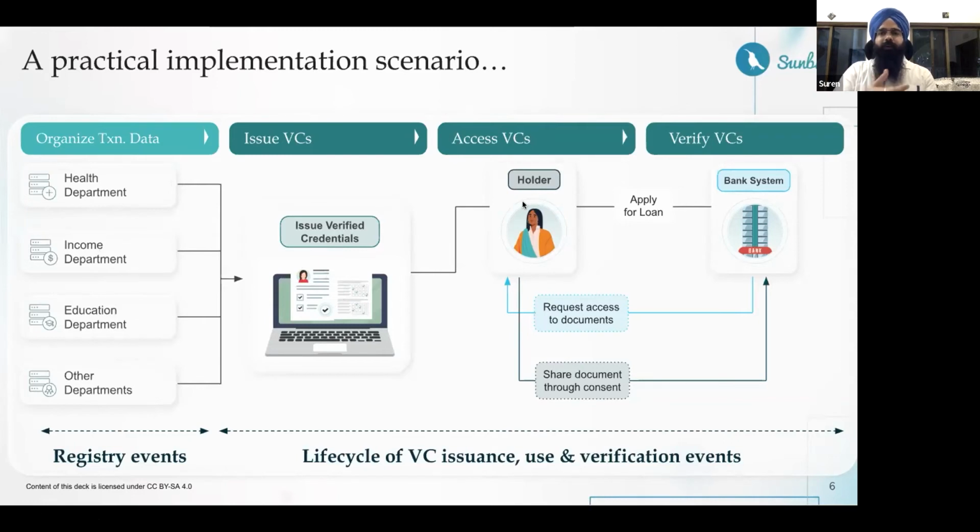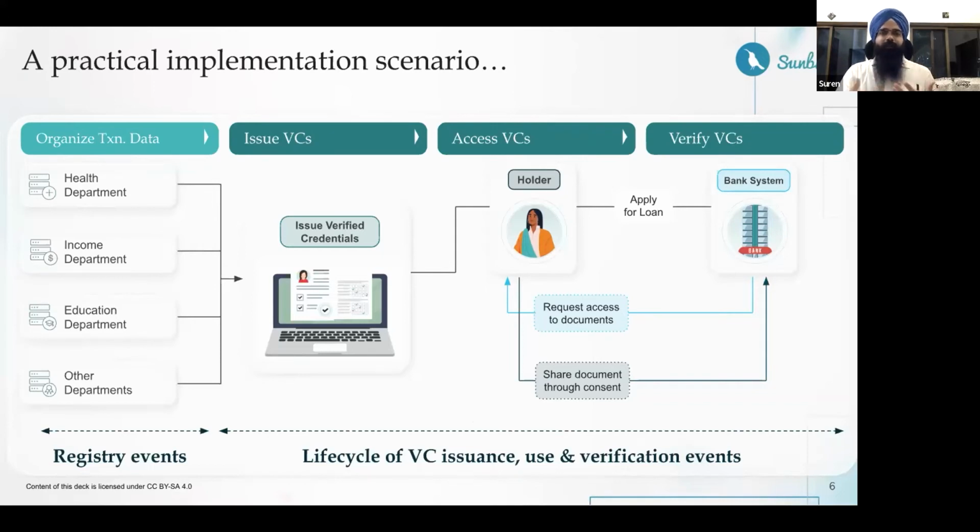All of these can be shared digitally with the bank system, or the prospective employer you are applying to for a job, or a prospective funder from whom you're trying to get a scholarship. And when they go through your documents, they're easily able to verify them and award you the scholarship or the benefit that you are looking for.